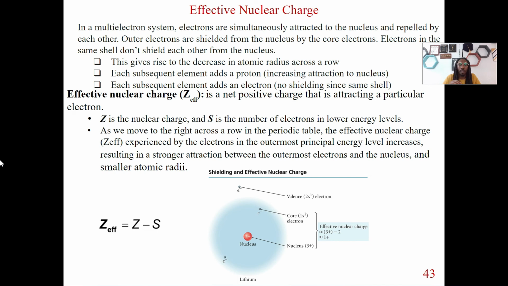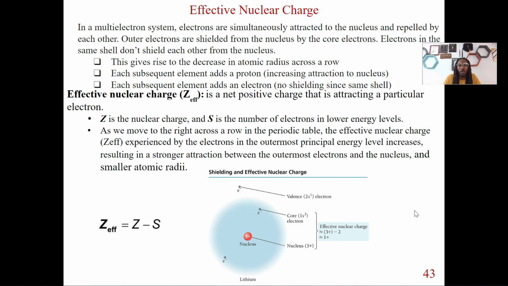Because of this increase, it's going to have a stronger attraction between our outermost electrons and the nucleus. And if you've got a stronger attraction, then you're also going to have a smaller atomic radius.